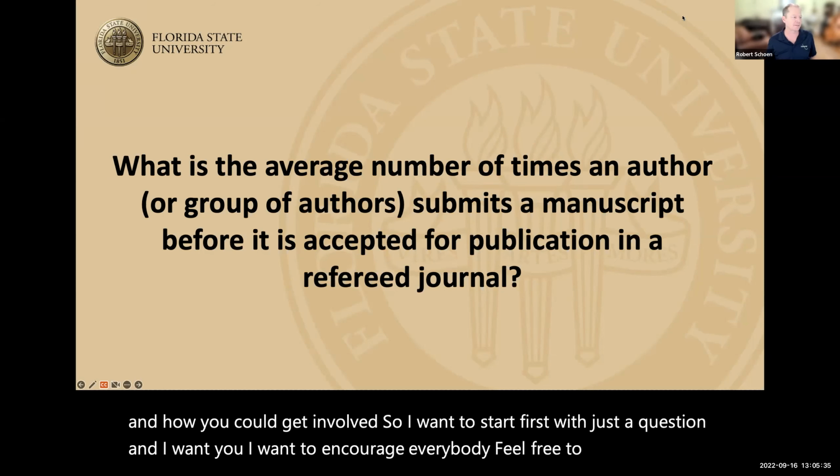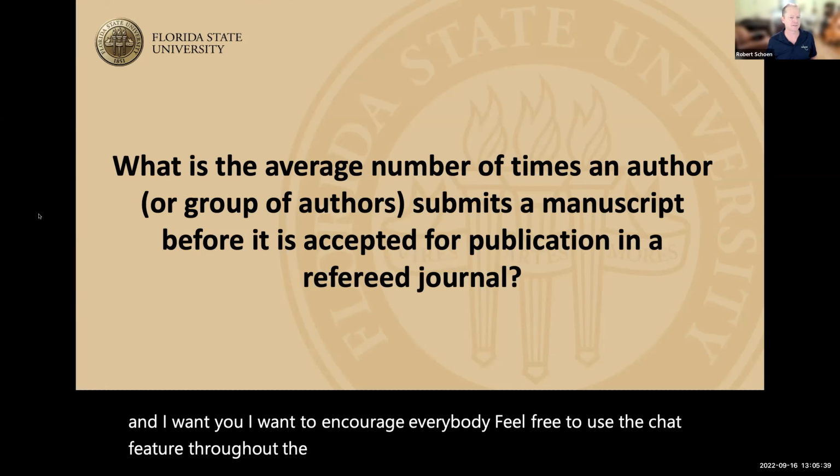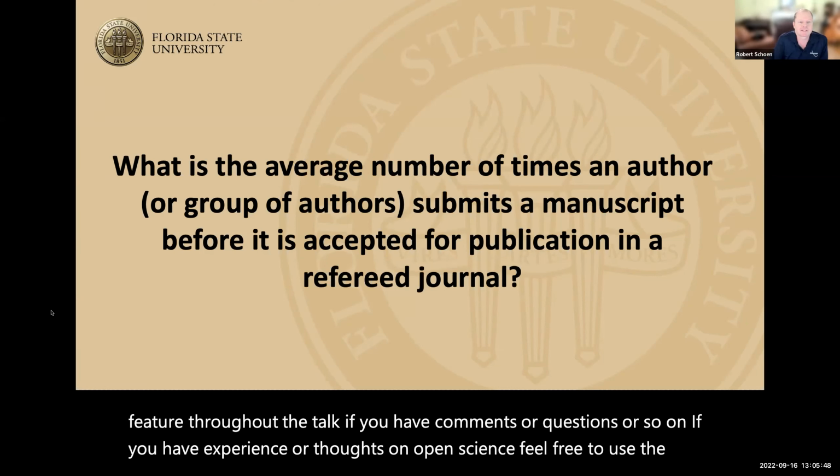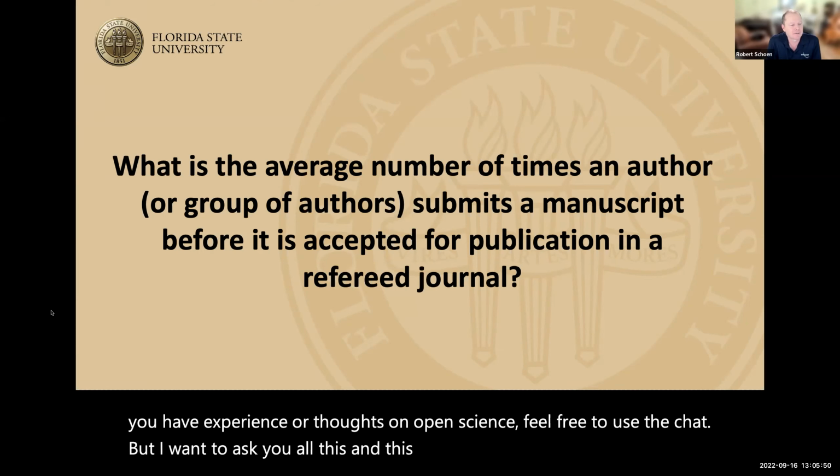I want to encourage everybody, feel free to use the chat feature throughout the talk if you have comments, questions, or experience and thoughts on open science. But I want to ask you all this, and you can even put your answer in the chat if you want to guess.